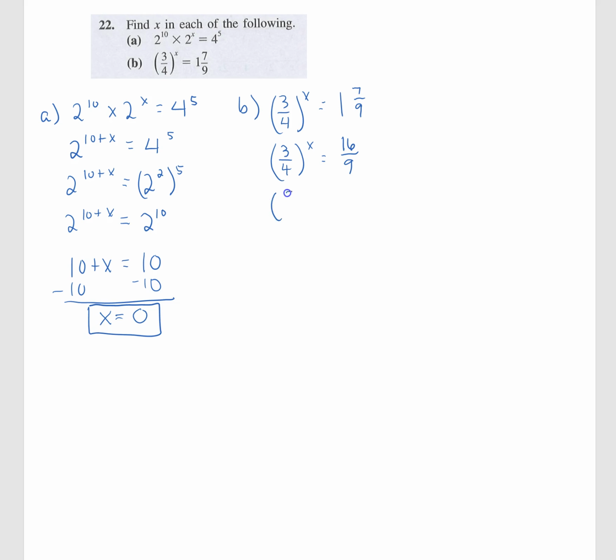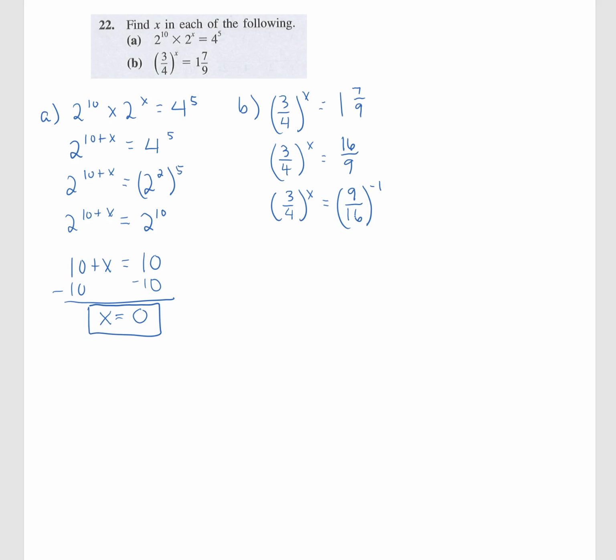And the way we do that is by putting it to the exponent of -1. So 16 over 9 is the same as 9 over 16 to the power of -1, because a negative exponent is basically just the reciprocal of the base to the power of that exponent. So the -1 is going to just make this 9 over 16.